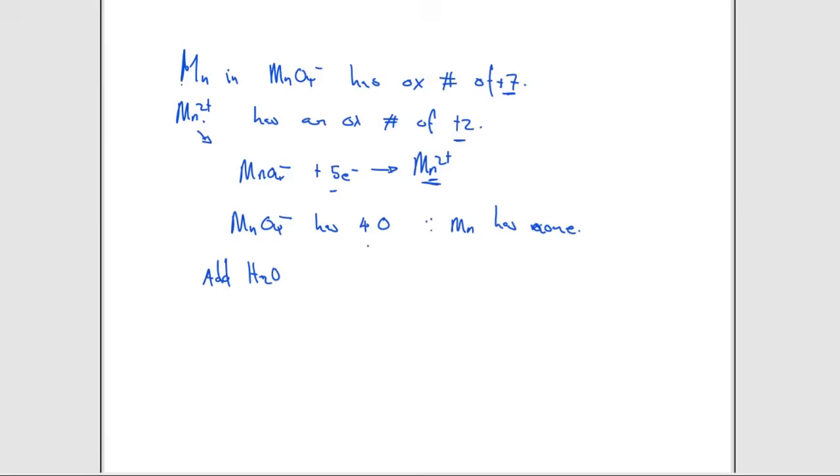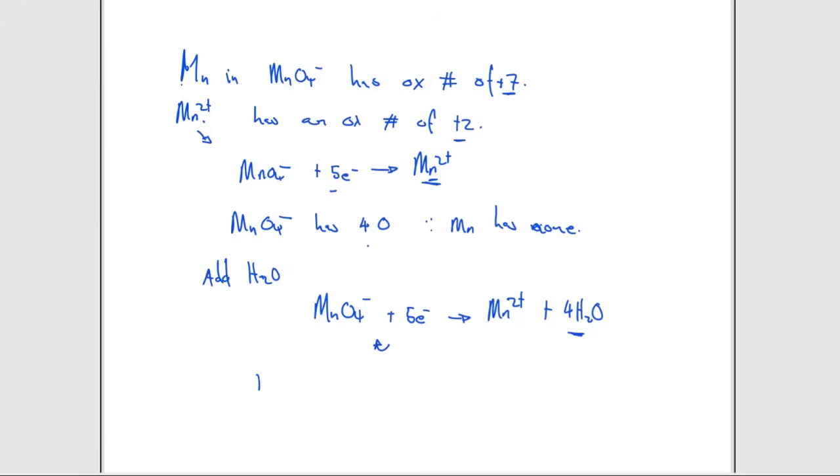So it looks like this: MnO4 minus plus 5 electrons gives Mn2+ plus 4H2O, so as to balance the oxygens. Now we have 8 hydrogens on our right. So what does that mean? To balance, we should also add 8 H plus on the other end.